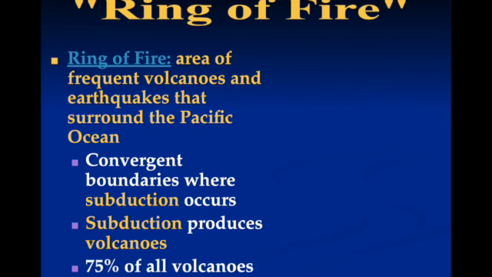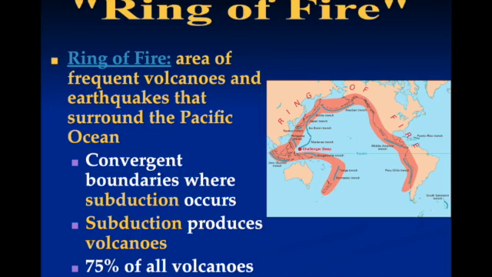It's over 75% of all the volcanoes on our planet that happen here. And there it is. It's kind of circular, and you have the Pacific Ocean right here. We hear of some of the most devastating earthquakes occurring along the ring of fire as well.